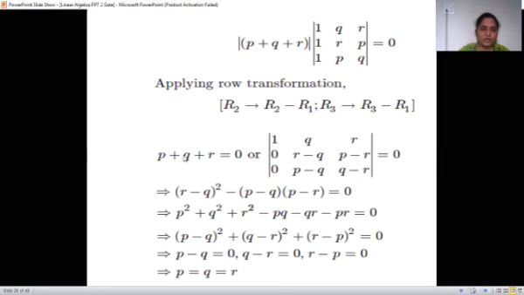So we got the first condition: P plus Q plus R is 0. Now the second condition we are solving. After reducing it, we can take the determinant. After solving this, we get P square plus Q square plus R square minus PQ minus QR minus PR is equal to 0.